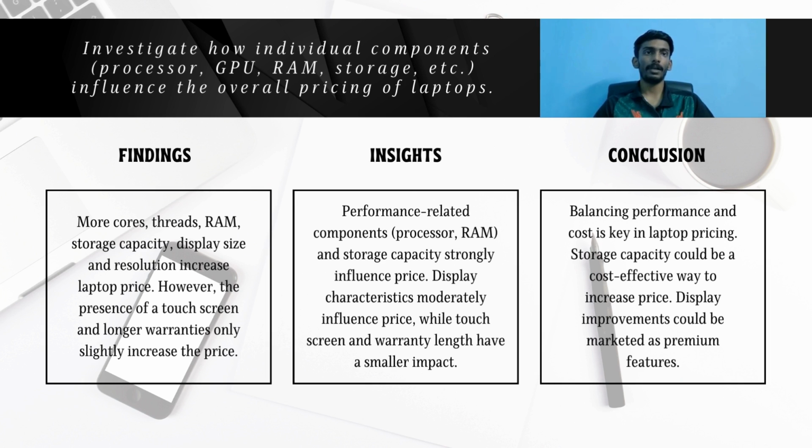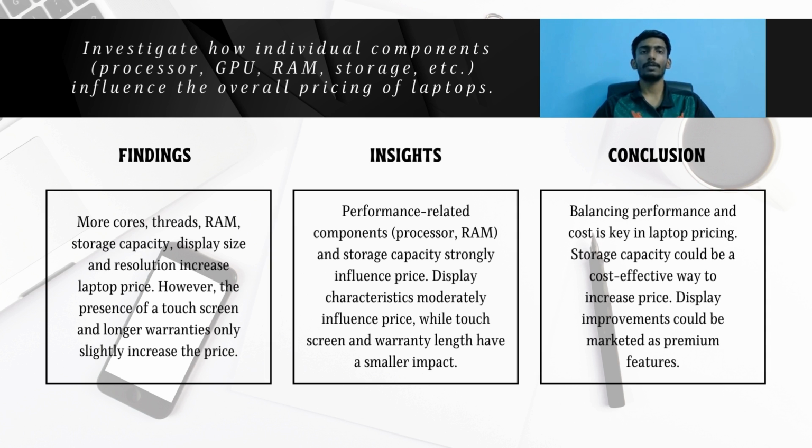The type of primary and secondary storage also influence the price, but less so. And for the display, larger and higher resolution displays are associated with a higher price. For touchscreen, the presence of a touchscreen slightly increases the price, and for a warranty, longer warranties slightly increase the price, possibly due to increased buyer protection.